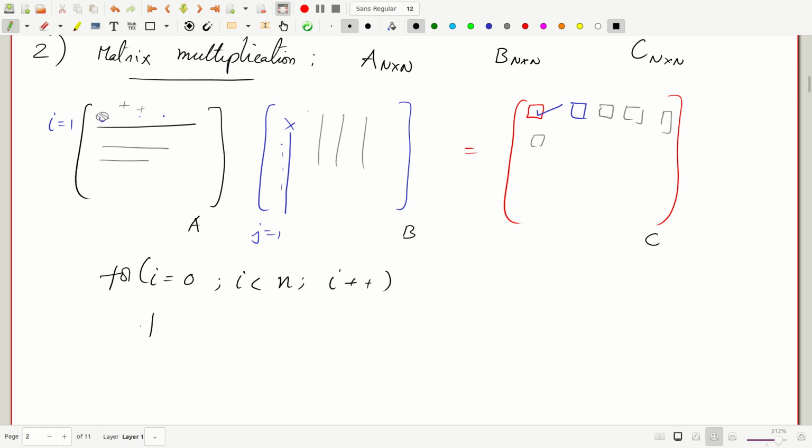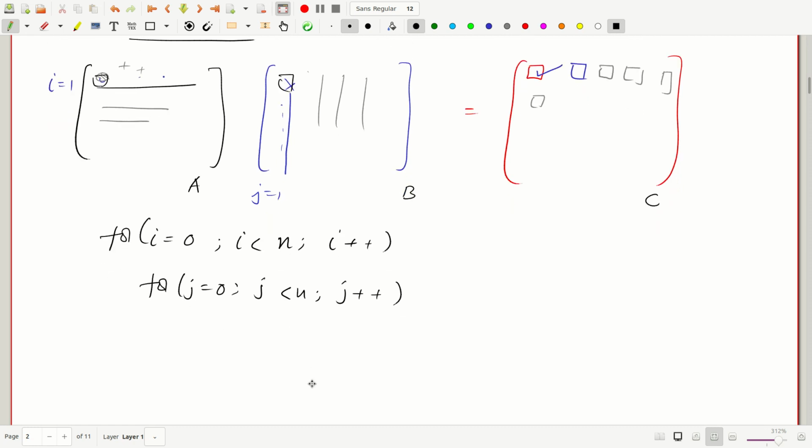And then you have for j equal to 0, j less than n, j plus plus. For every row you have all the column data, right?